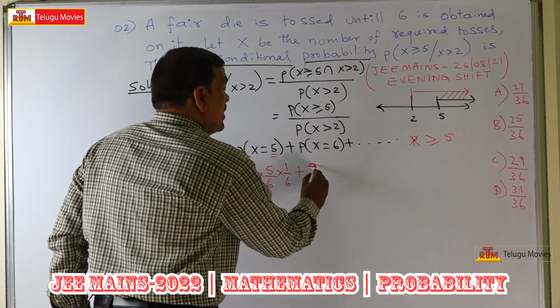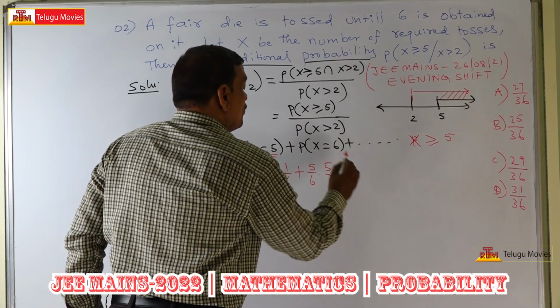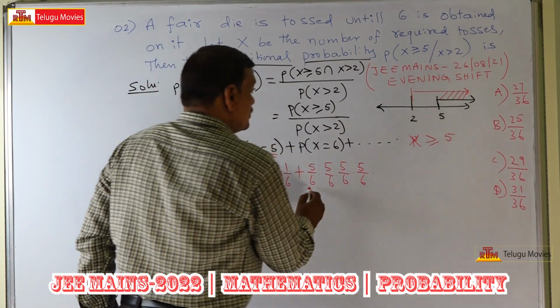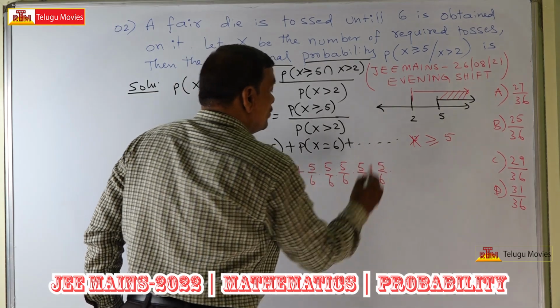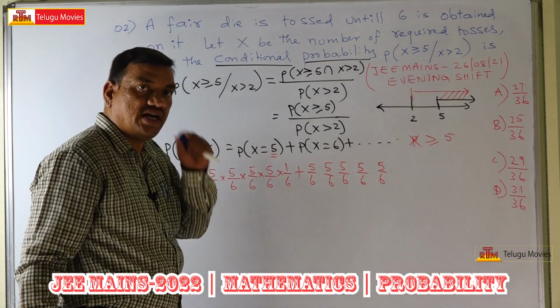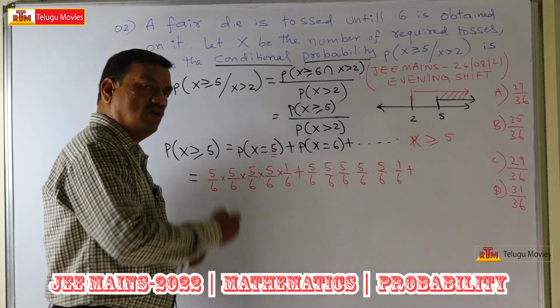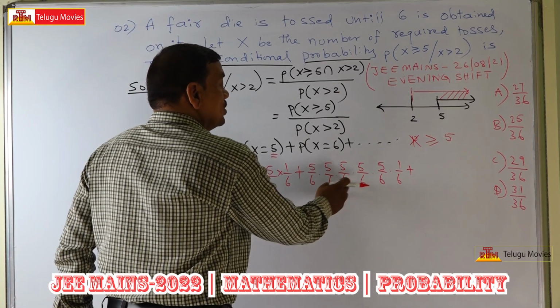First time failed, second time failed, third time failed, fourth, 5th time also failed, and the 6th time you are successful. That is 1 by 6, plus it goes on.